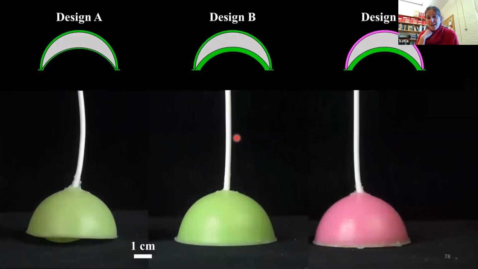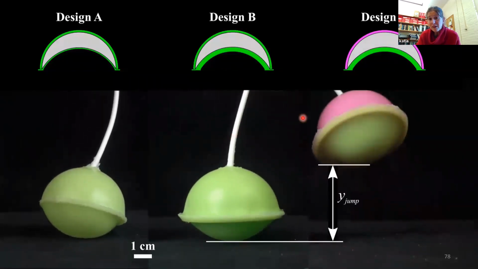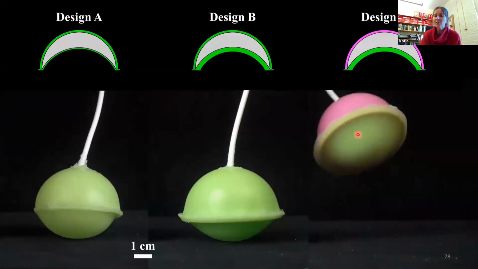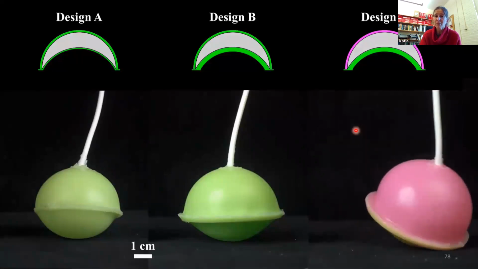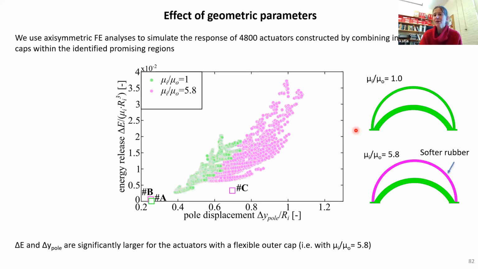Now we are inflating them. What we see is that if you carefully design the structure so that it releases enough energy, we can make this simple structure jump. Now the jump is not that much, but we can use finite element to optimize the geometry.